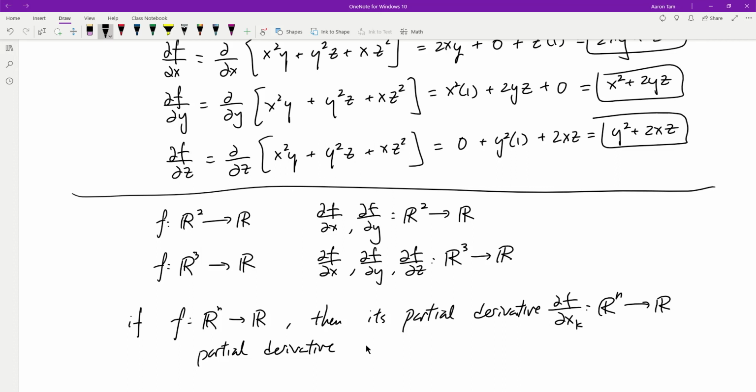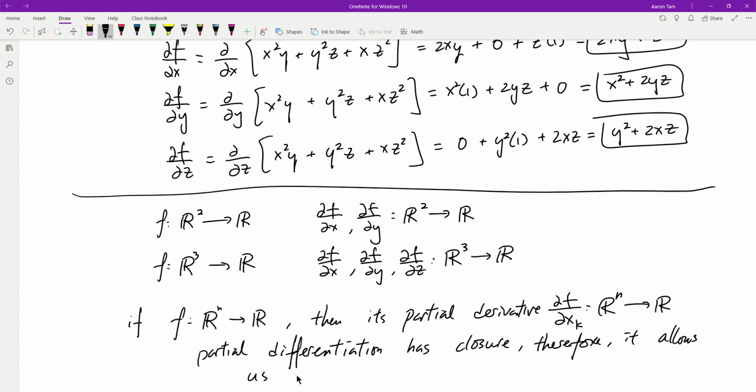the process of partial derivatives, or actually maybe I should say better, partial differentiation, because derivative is the outcome, but the process that we do is called differentiation. Partial differentiation actually has closure, and therefore it actually allows us to repeatedly differentiate, or partially differentiate, a function.